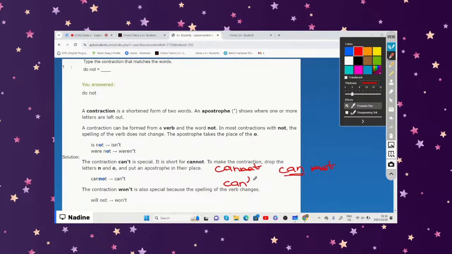We put the apostrophe in its place and we bring down the T for can't. Cannot, can't. Here we had to remove the N and the O to show our contraction, not just the O.